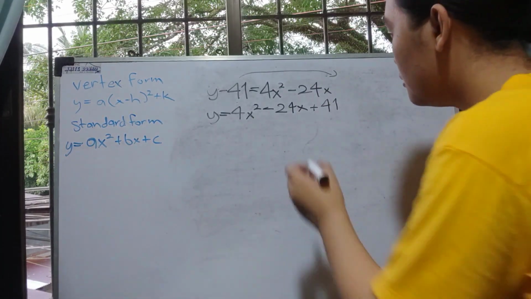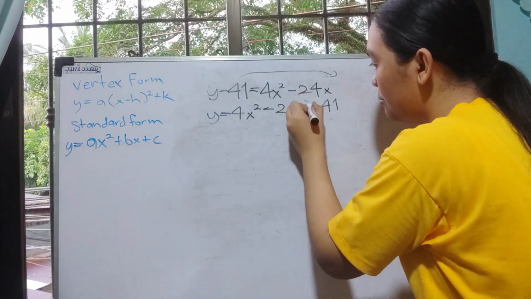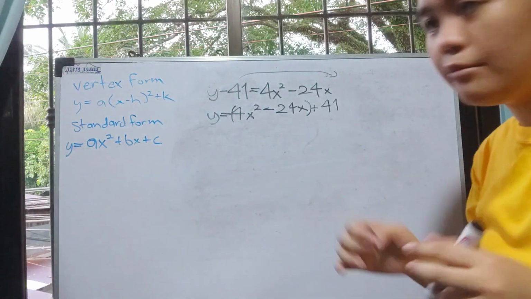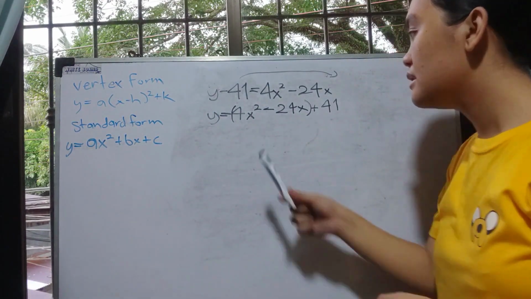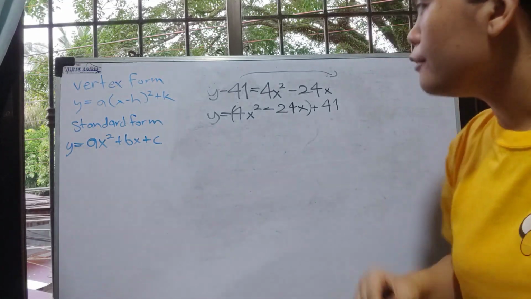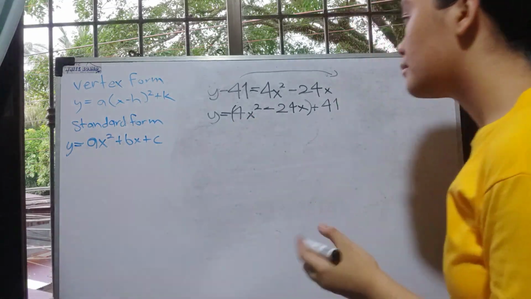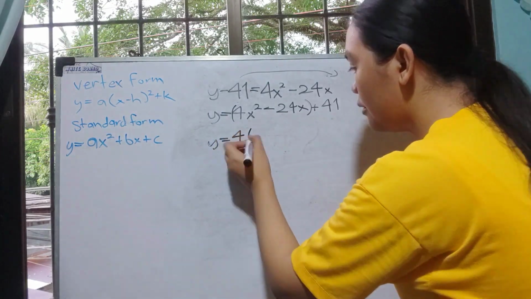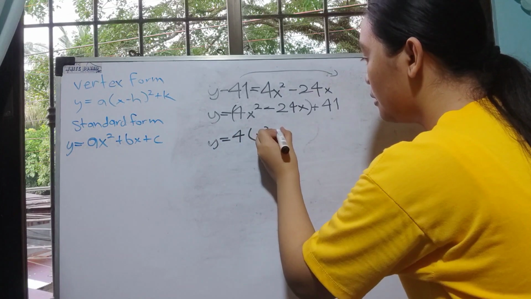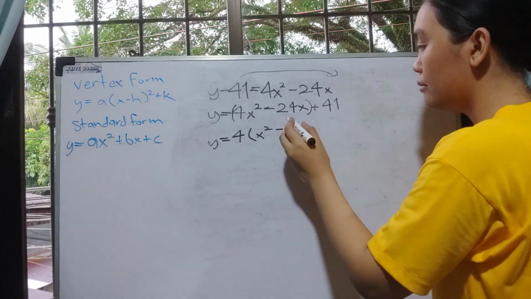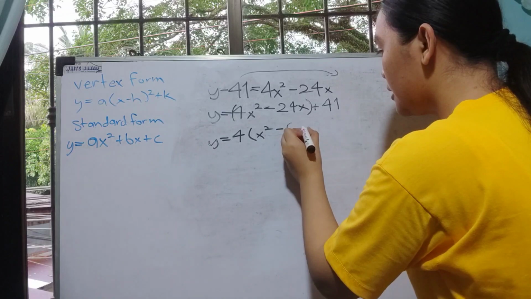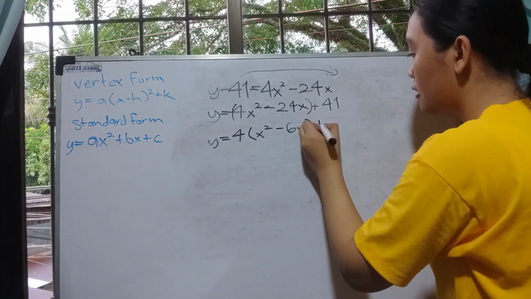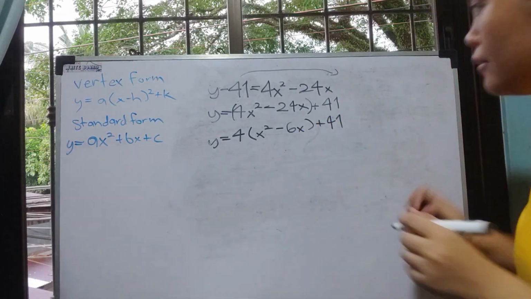Next, same process: put the first two terms into parentheses. Normally we would complete the square, but since a isn't equal to 1, we have to factor it out. So 4 times x squared minus 6x.